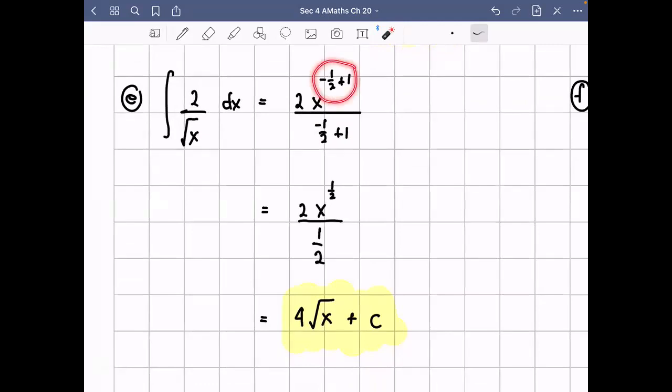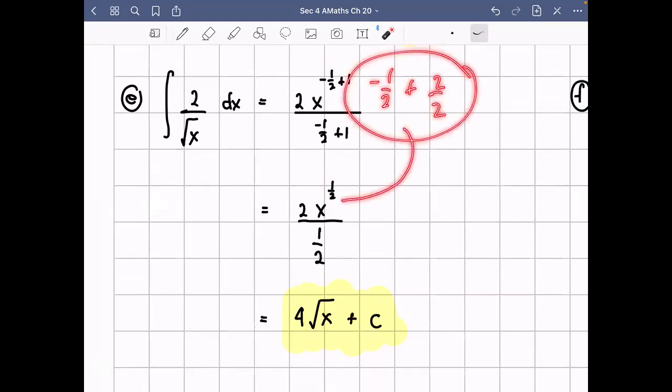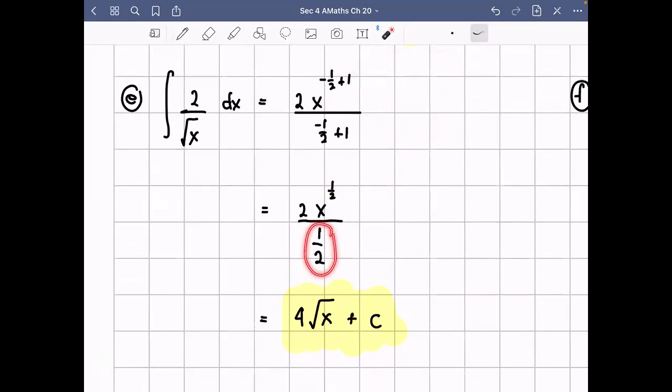Negative 1/2 plus 1 is 1/2, right? It's like negative 1/2 plus 2 over 2. So basically this is equal to positive 1/2. Your denominator will always be the same as your index here. So if this is 1/2, your denominator is also 1/2.